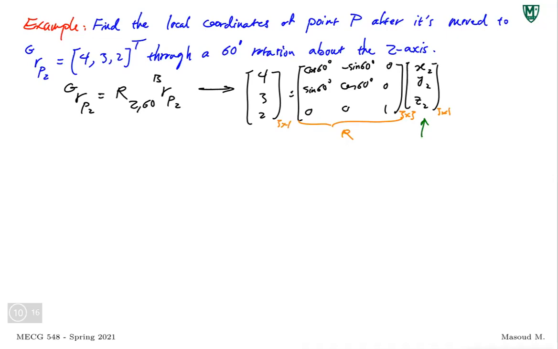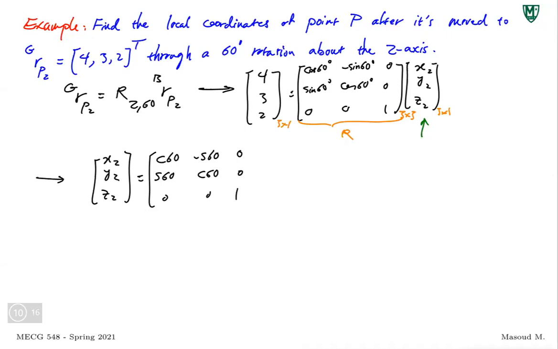Right? So let's write it this way. Your x2, y2, z2 becomes this matrix, cosine 60, minus sine 60, 0, sine 60 degrees, cosine 60, 0, and 0, 0, 1, inverse, times 4, 3, 2.